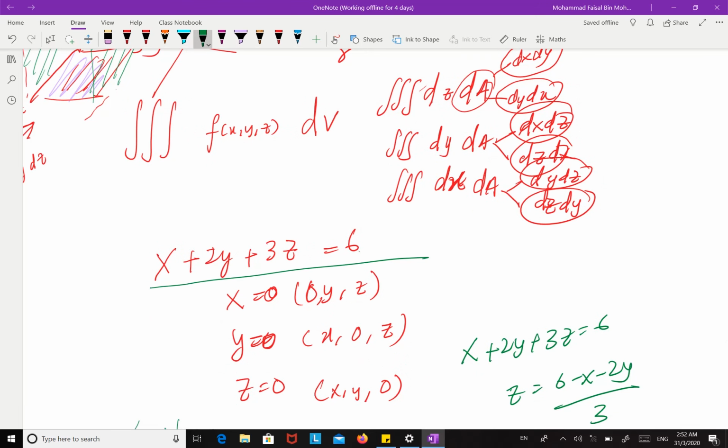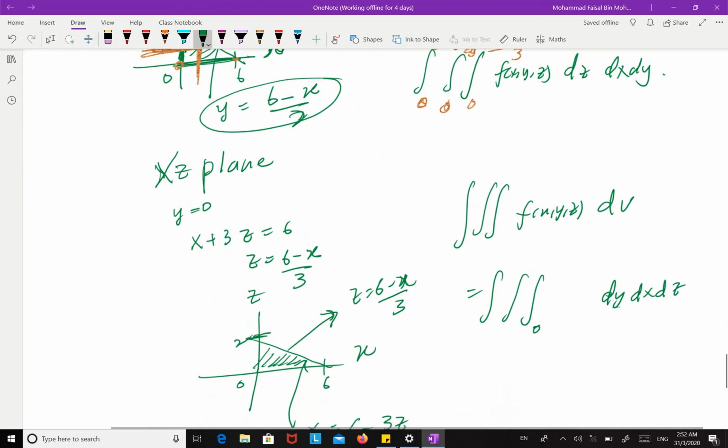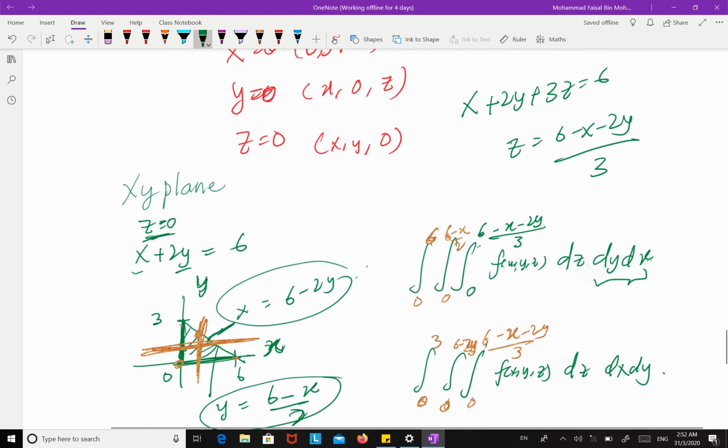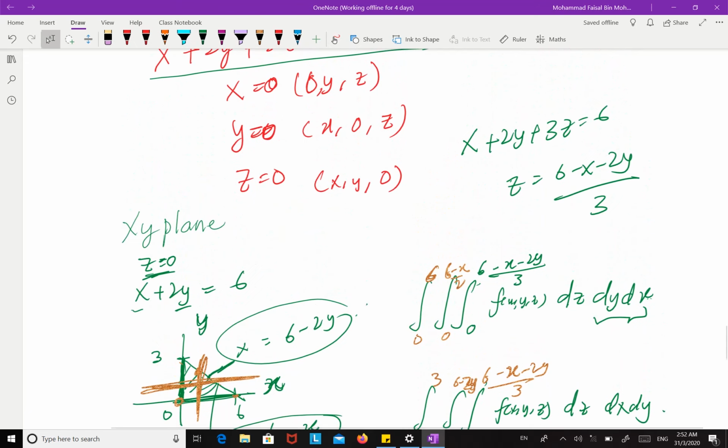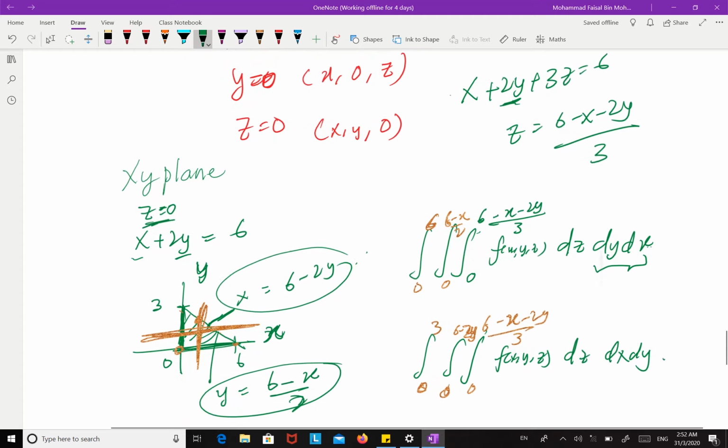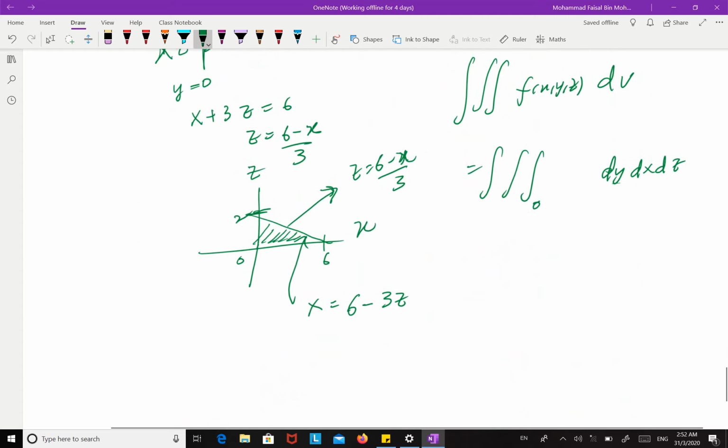So y is (6 minus x minus 3z) over 2. Right? So like here, y is (6 minus x minus 3z) over 2. So another one is the same.